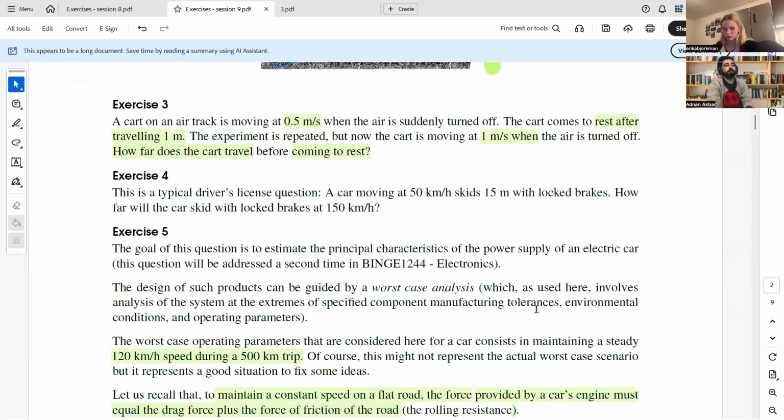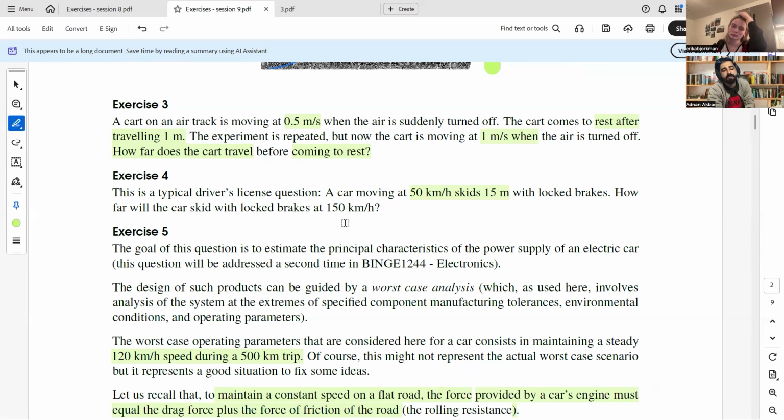Okay, now we are on question number 4. It is also an interesting question. This is a typical driver lessons question. A car moving at 50 km per hour skids 15 meter with locked brakes. Same car, same road.